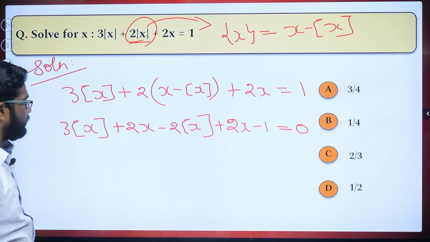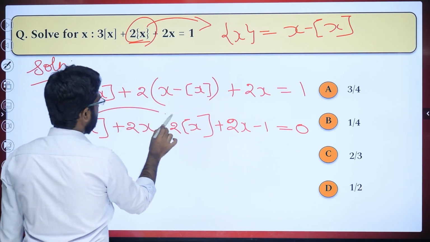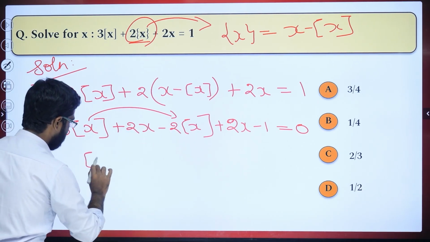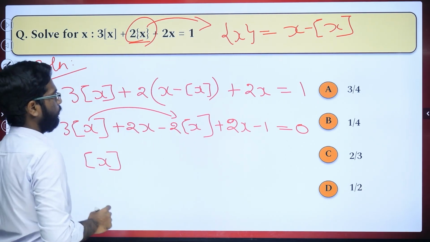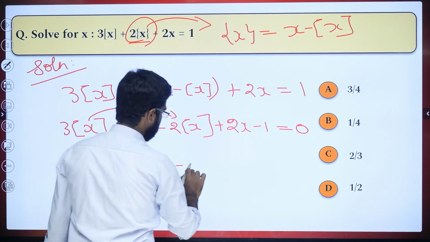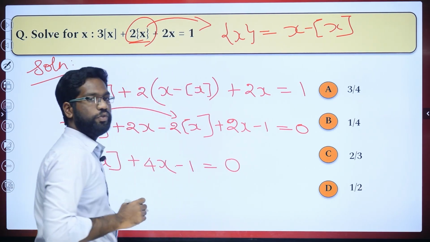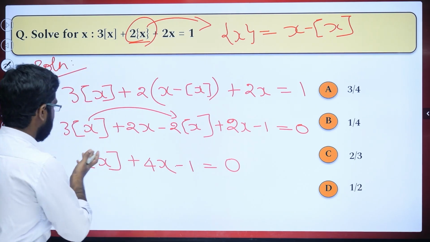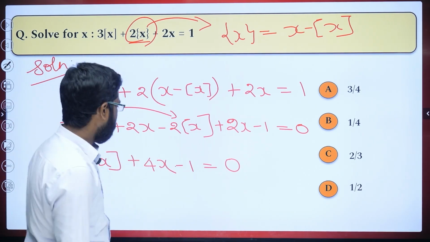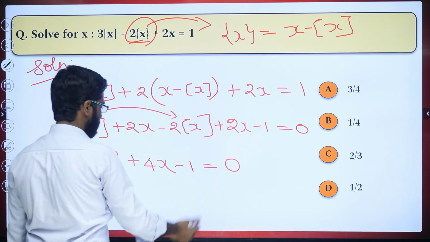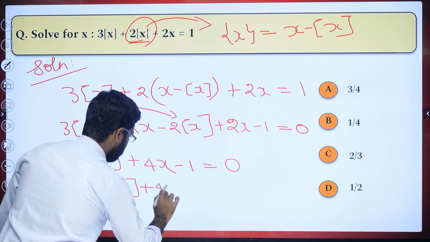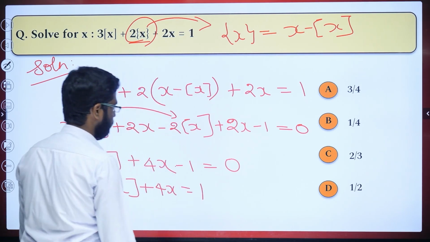Now I am going to subtract these two parts. So if I subtract, I will get greatest integer of x plus 4x minus 1 is equal to 0. I think you can keep that one that side itself, my dear students: greatest integer of x plus 4x is equal to 1.